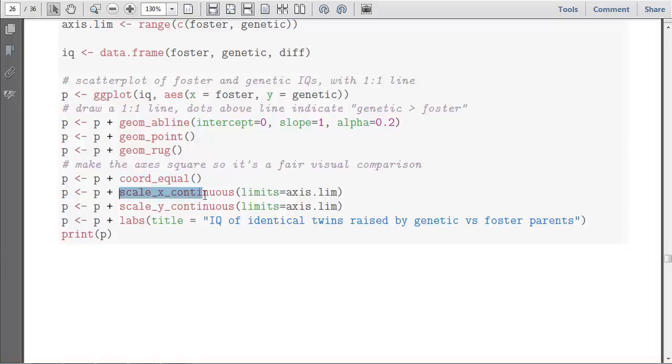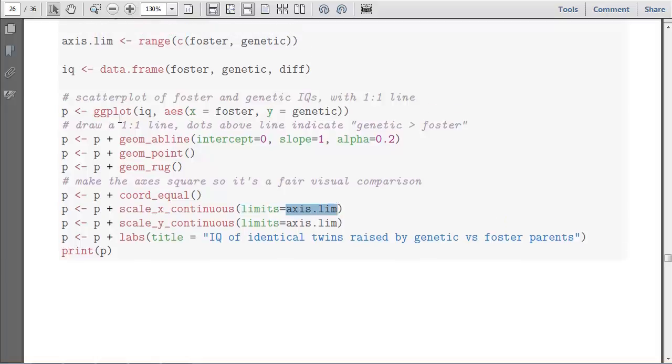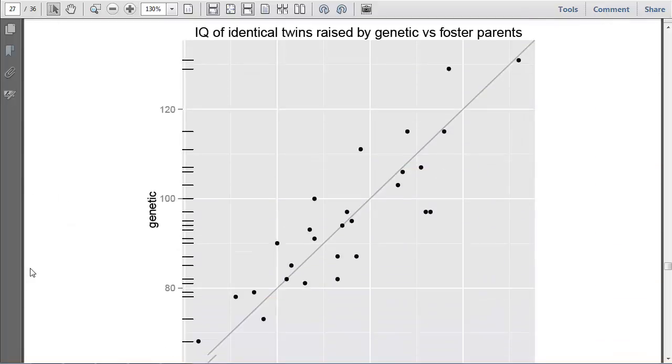And then finally, the x and the y limits are going to be the axis limits that I got from this command here. So I have the same minimum and maximum based on all the observations for both axes. And finally, I label my plot's title. So a lot of individual steps.